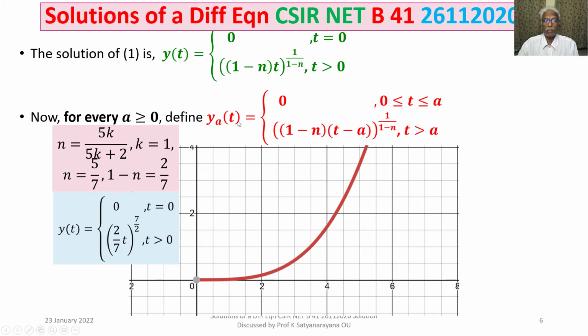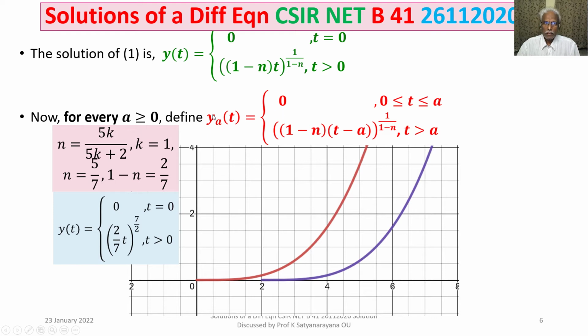But for the function that we have constructed here, let us shift this curve a units to the right. We are only shifting this curve. So shift that by 2 units to the right. So 0 will remain here itself.